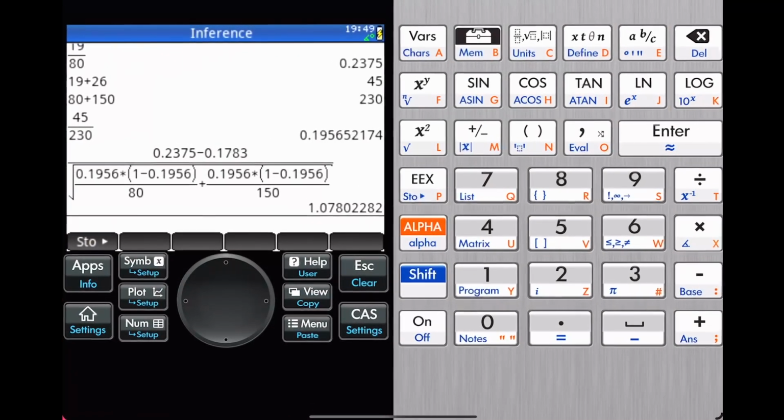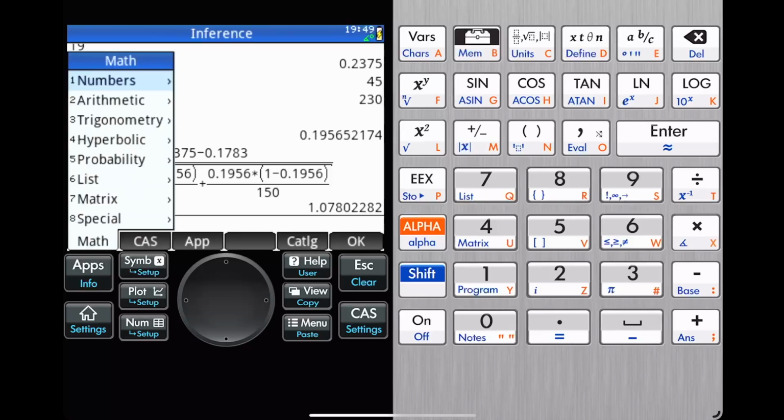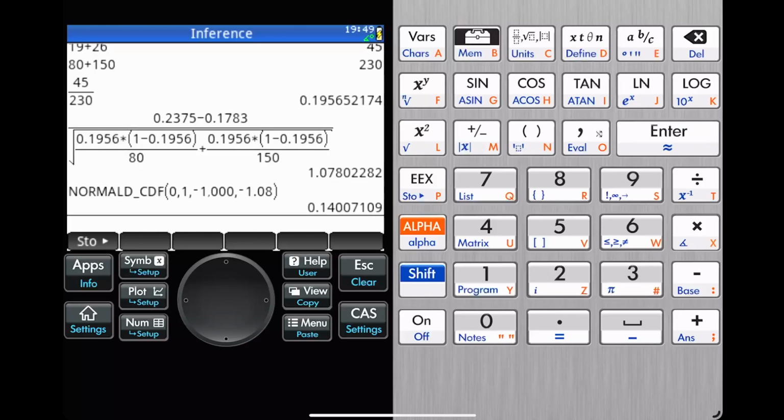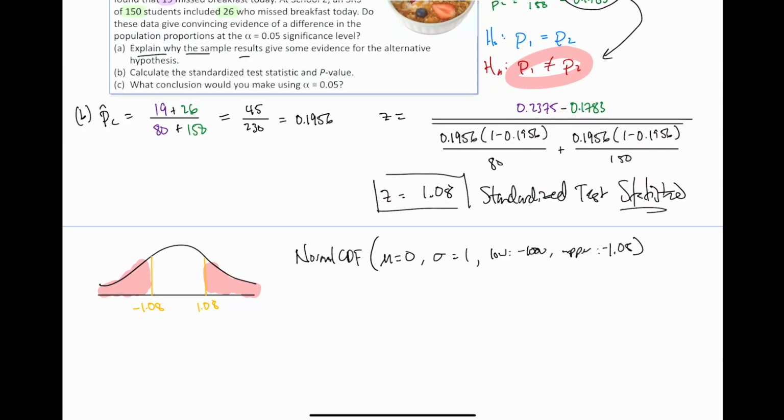Let's just try it here. So I will do normal CDF 0, 1, negative 1,000, and then negative 1.08. And that gives me 0.14. Oh, that's pretty good. Since I want two of them, I'm going to times by 2, and I get the answer 0.28 is my p-value.